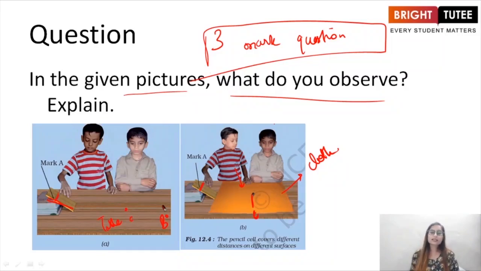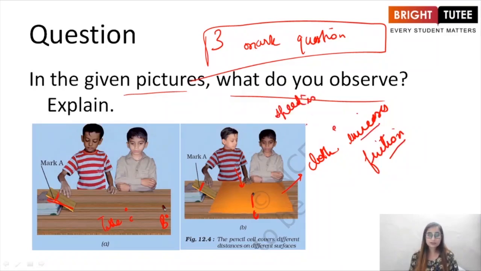So this tells us that the cloth increases friction. The cloth increases friction, due to which the speed is reduced and the cell stops way before the point B, which was at the end of the table, right?